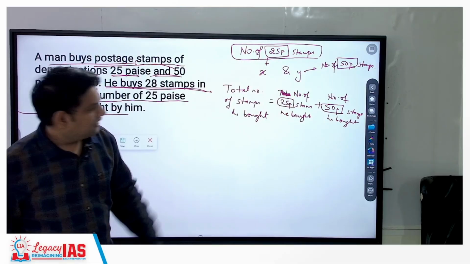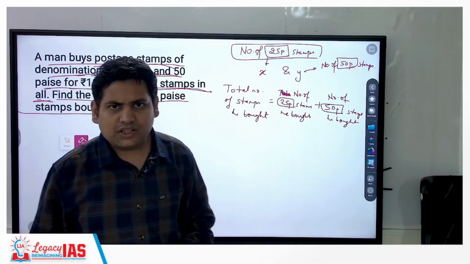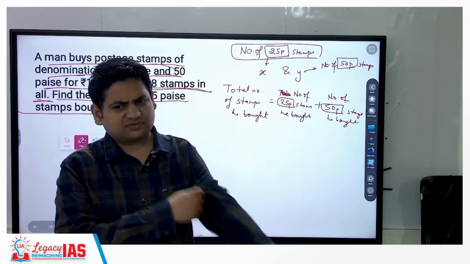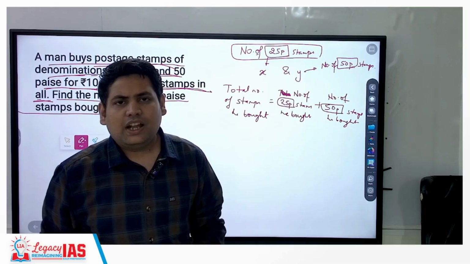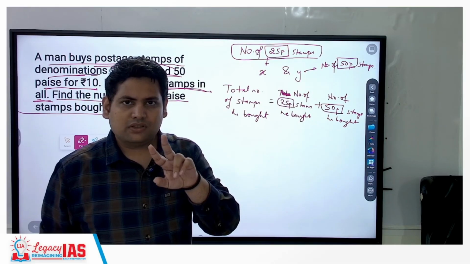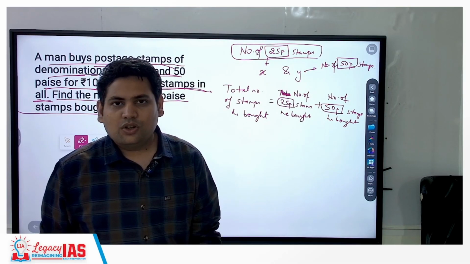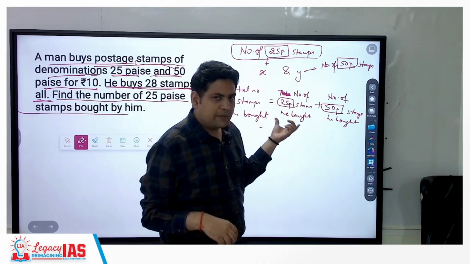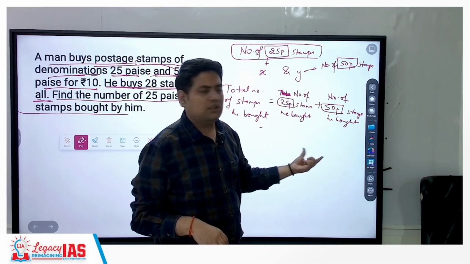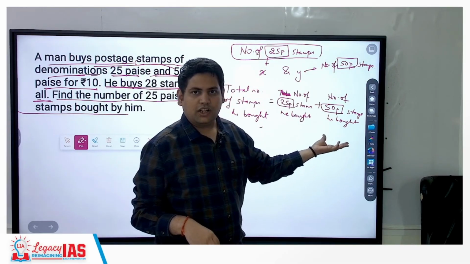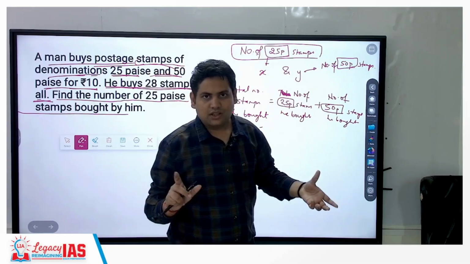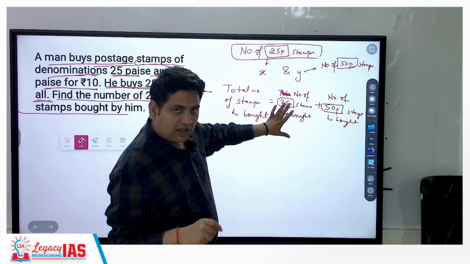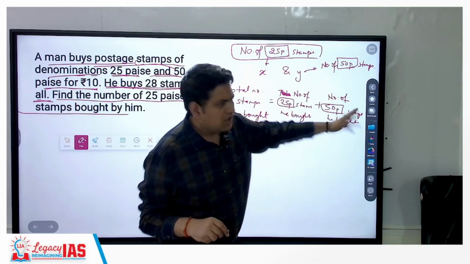Correct. It's like you went to a vegetable shop and you bought a total of, let's say, 3 kg of vegetables, and I say you bought only 2 vegetables, let's say bhindi and aloo. So what will that 3 kilo be equal to? It may be equal to 2 kilos of aloo and 1 kilo of bhindi, correct? So this will be the sum of this, that is, total number of stamps he bought is equal to the number of 25 paise stamps plus the number of 50 paise stamps.